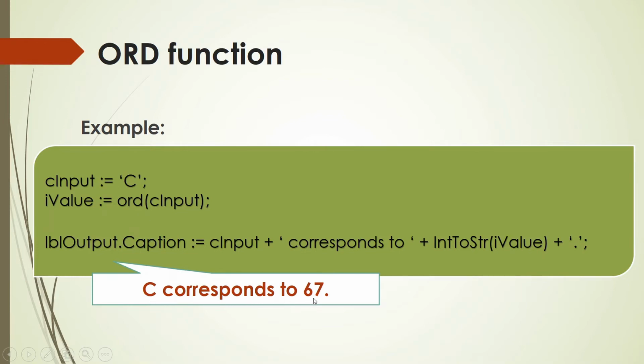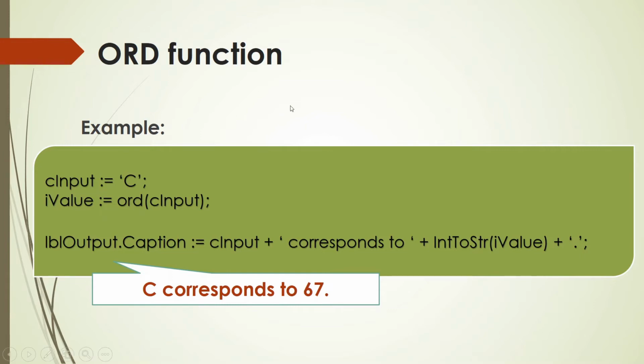If I want the corresponding number of a character on the ASCII table, I will use ORD. That will give me the number equivalent to the corresponding character. So again, ORD takes a character as its argument and outputs the integer associated with that character.